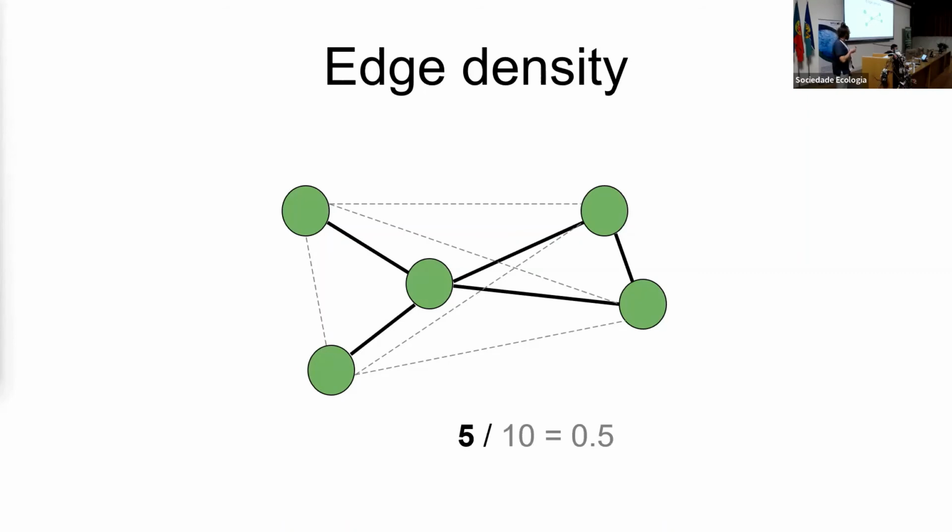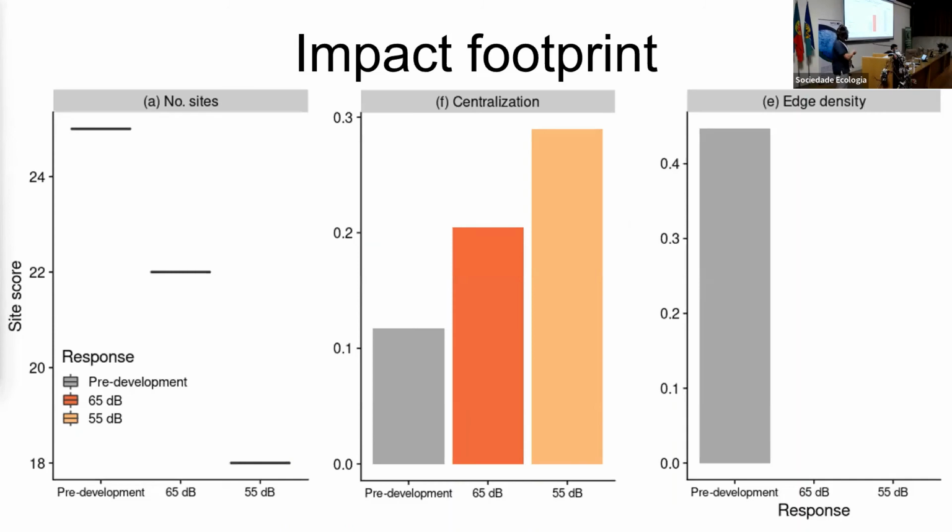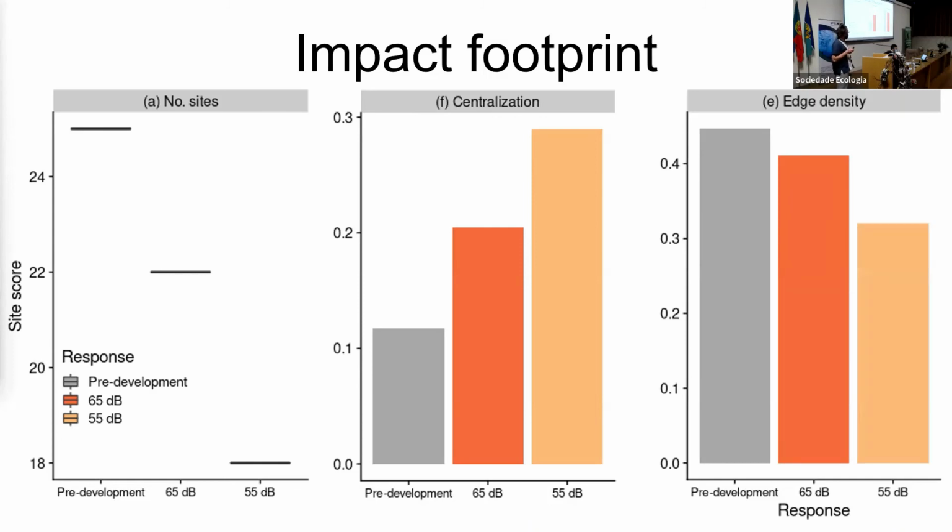With me so far on the math? So the edge density of the actual current network is just over 0.4. If we take out the very noisy sites, it goes down a little bit. And again, if we take out the still quite disturbed sites, it goes down even further.